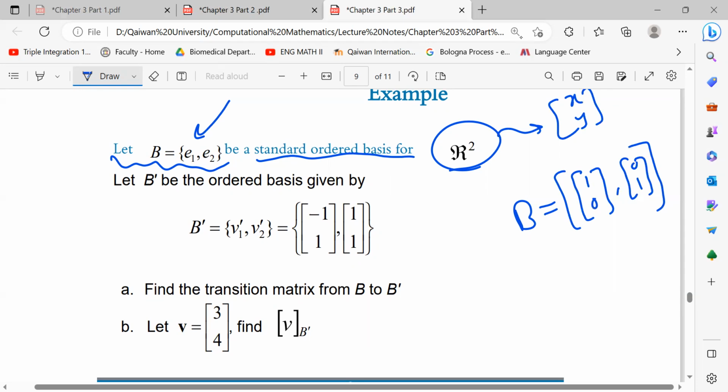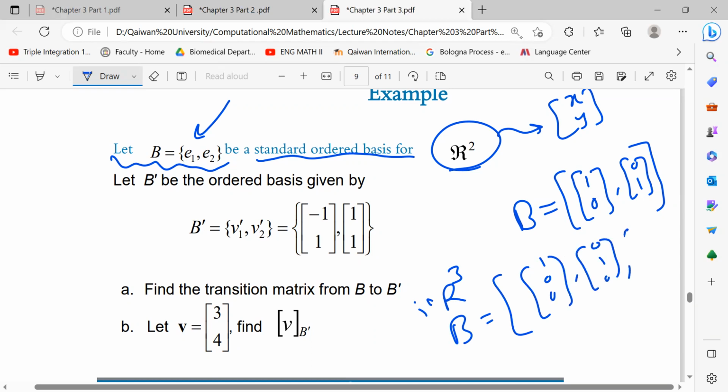You should know this. For R3, the standard base is 1, 0, 0, 0, 1, 0, 0, 0, 1. This is the standard base for R3. But for R2, it is the above. Here, our example is about R2.